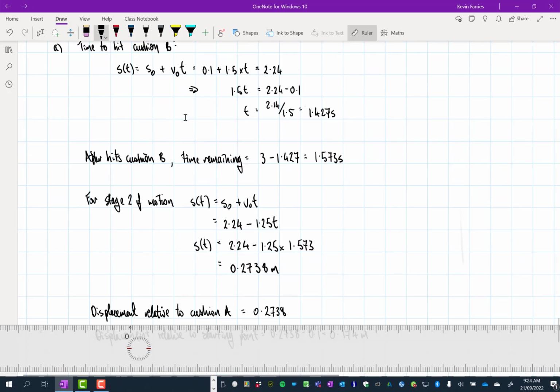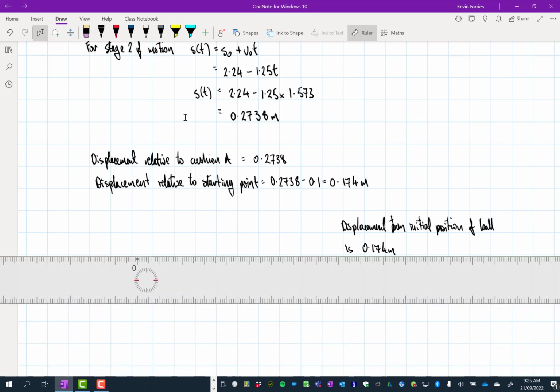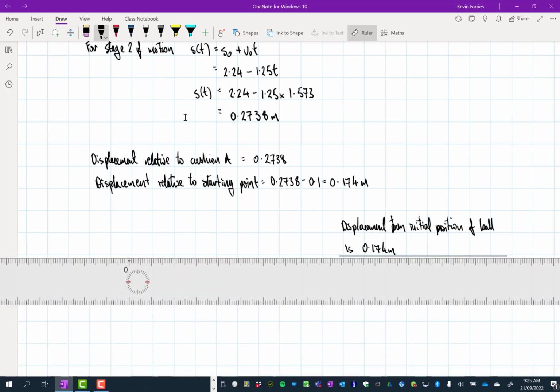Okay, and so that's the answer to question A. Displacement from initial position of ball is 0.174 meters. Okay, that's the first part of this.